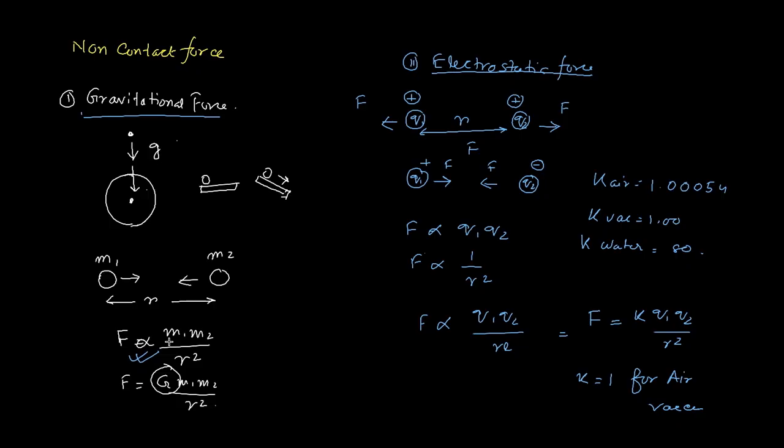But if we change the medium, the electrostatic force decreases. The electrostatic force between two charges separated by distance r is maximum for vacuum, and next for air, where we can consider K air as 1.00054, or approximately 1.